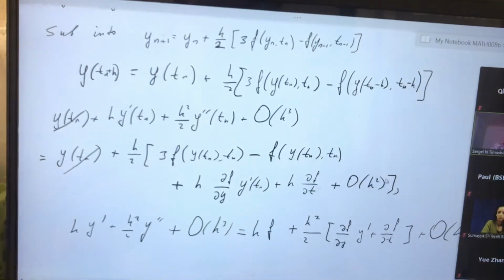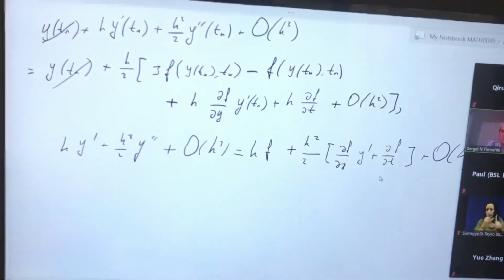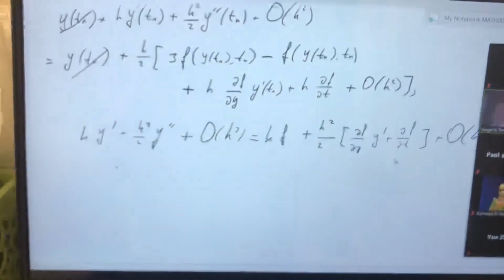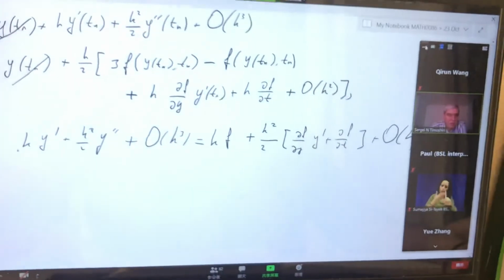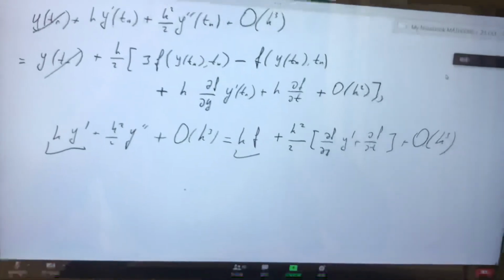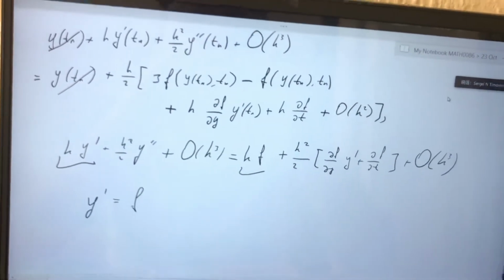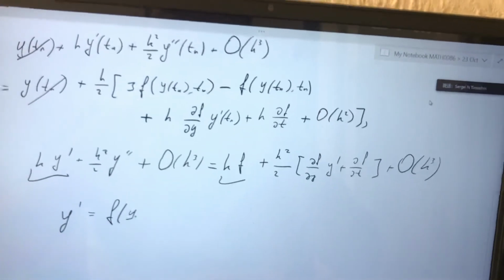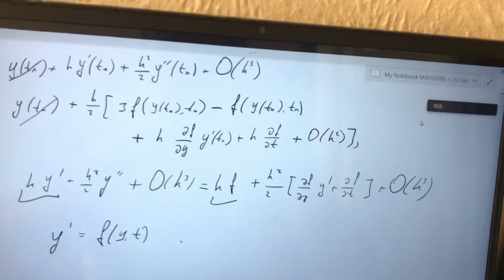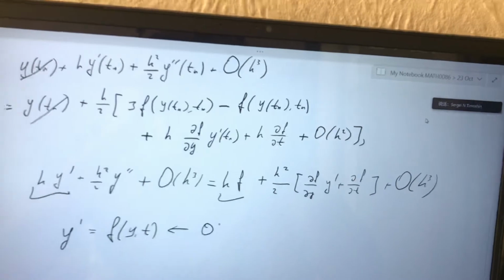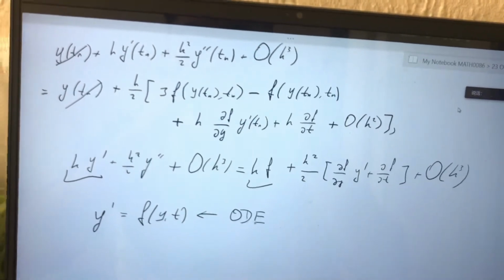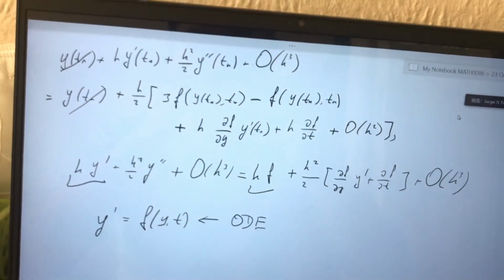Do we recognize a differential equation anywhere in here? Yes, we do, because at order h we have y prime equal to f. f is a function of y and t. That's the differential equation. Right, let's be precise.